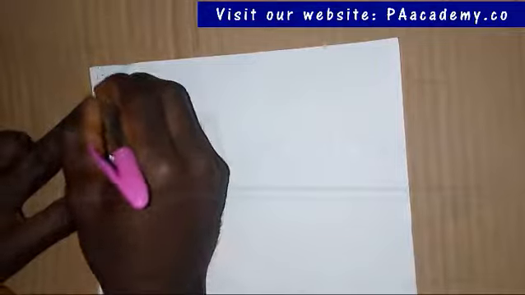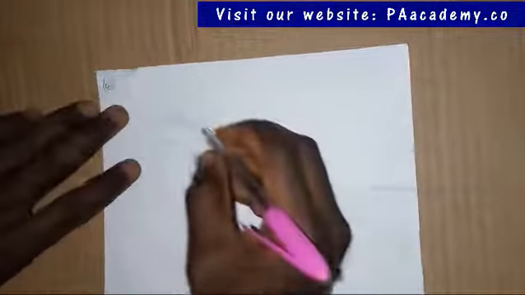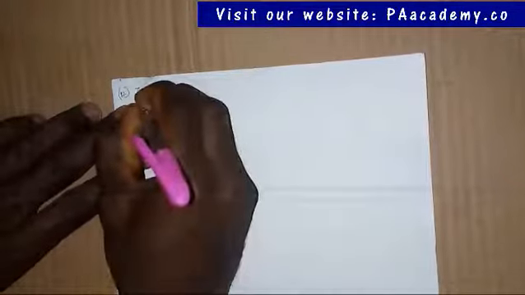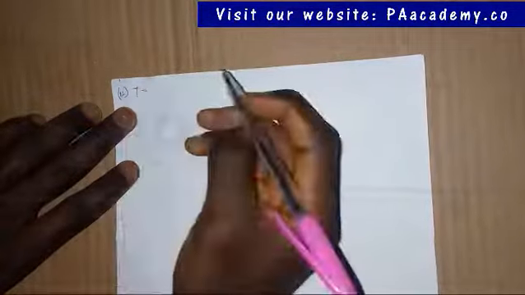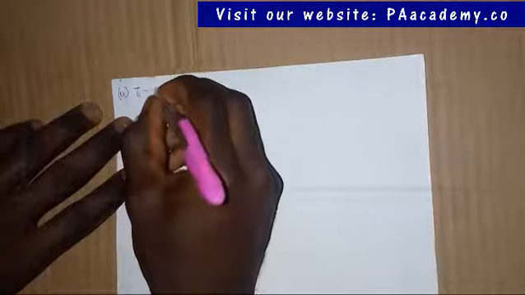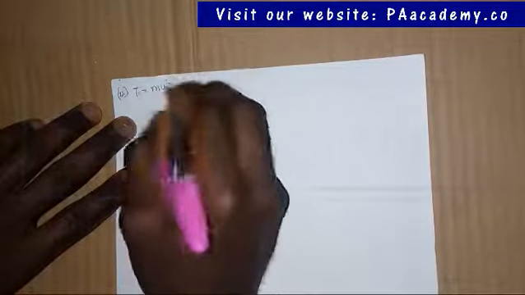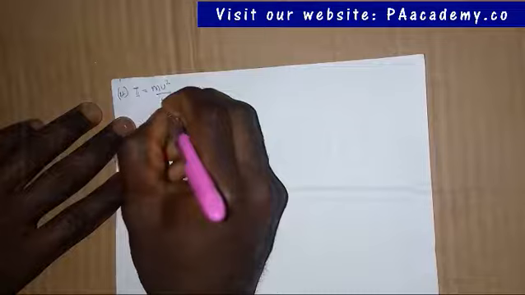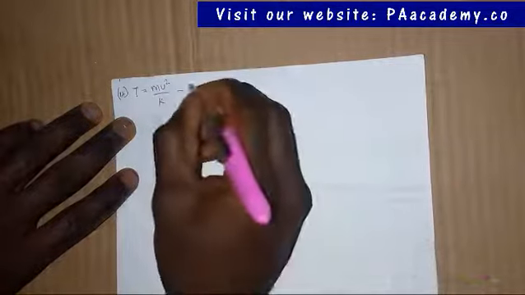So for question 12, this is what we have. T equals mu square over k minus 5mg.